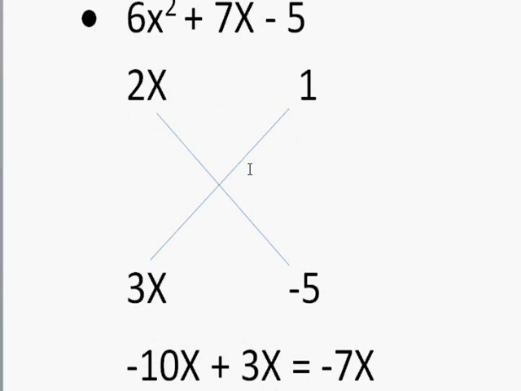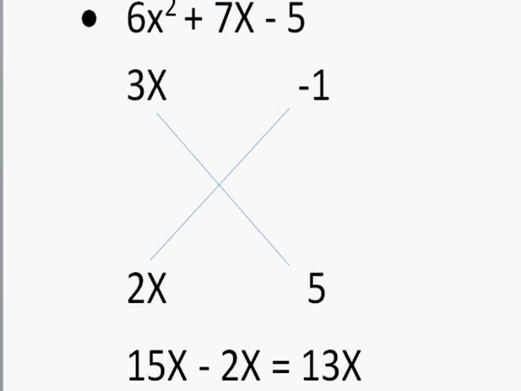In that case, when we multiply along this line, we will get 2x times negative 5, that is negative 10x. And then when we multiply along this line, that's 3x times 1, that's 3x. So that's plus 3x here. So then it will be negative 10x plus 3x is negative 7x. So this negative 7x is not the same as plus 7x. So this won't produce the correct factors.